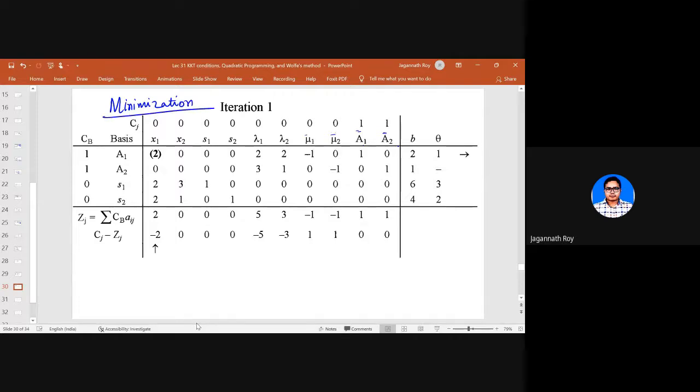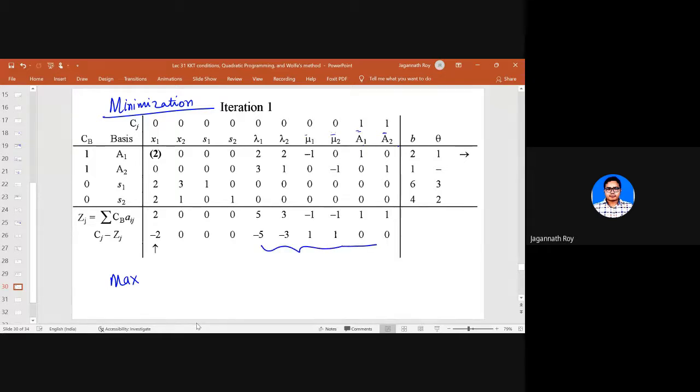Minimization. If you remember, for Cj minus Zj, we had maximum positive. So in this case, we have to select, because these are multipliers, we don't bother about it.